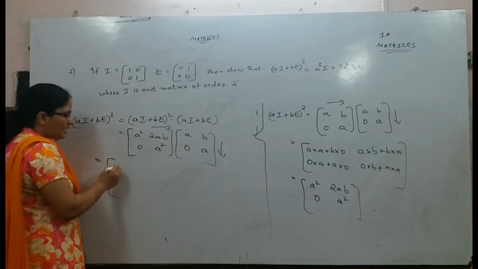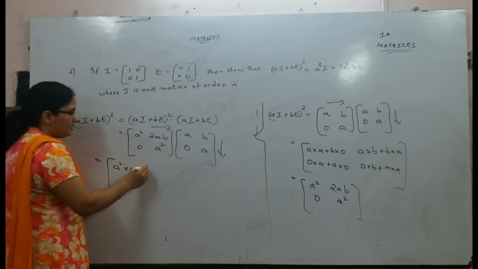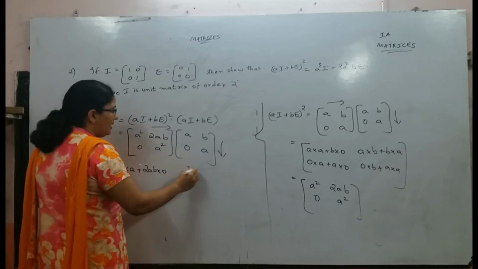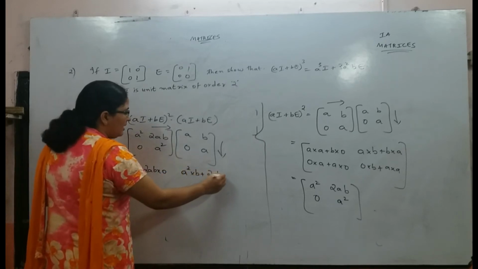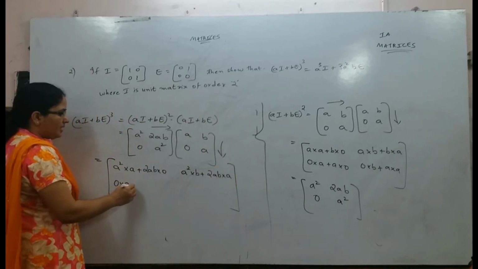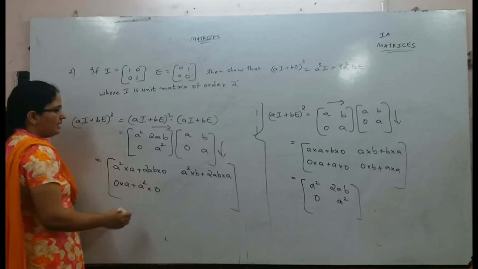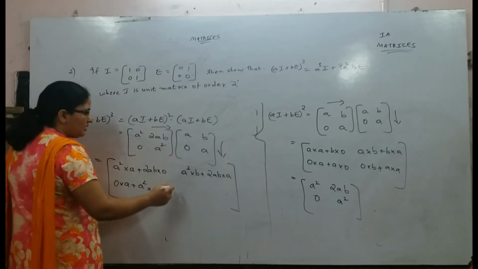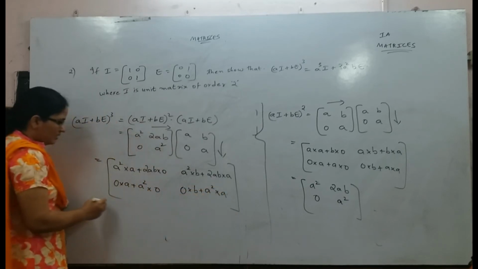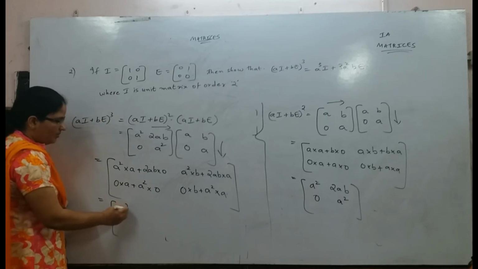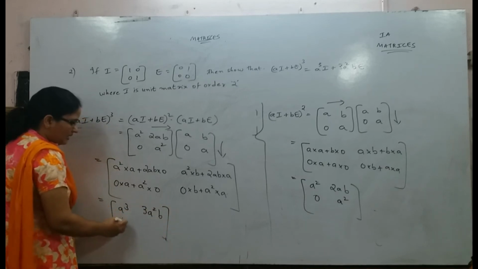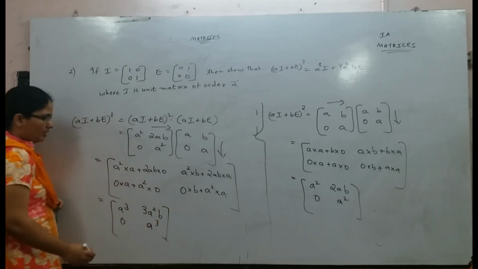So that will be A square into A plus 2AB into 0, A square into B plus 2AB into A, 0 into A plus A square into 0, 0 into B plus A square into A. So that is A cube 3A square B 0 A cube. This is what you got.